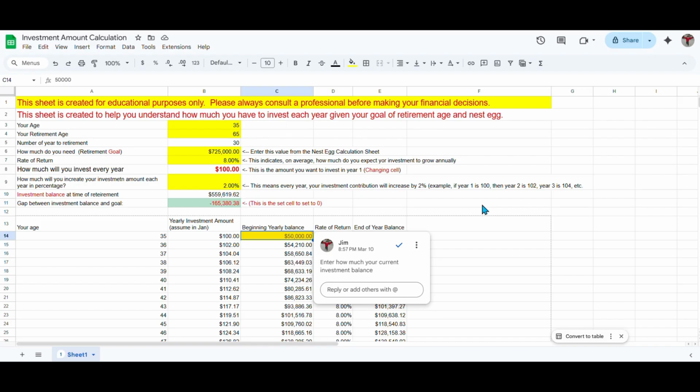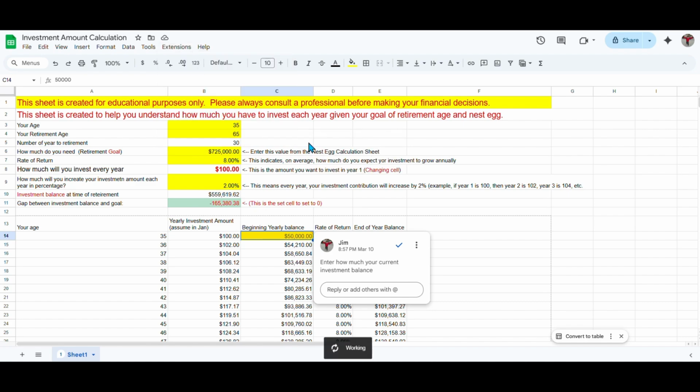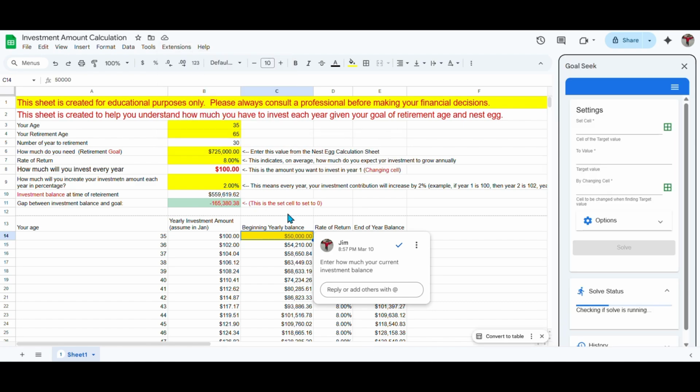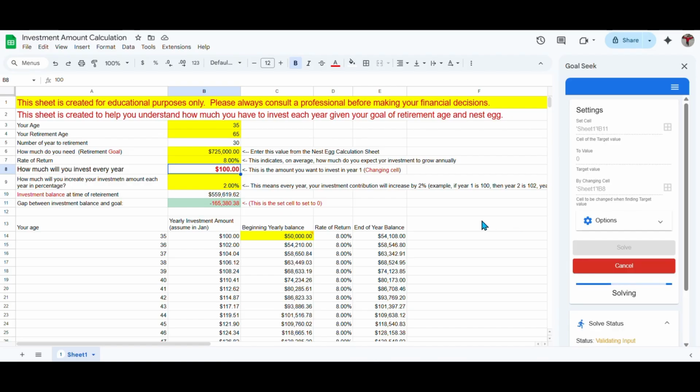Okay. So now that we have this spreadsheet set up, I can again call out the Goal Seeker, and this time I'm going to ask for this cell that I want to set to 0 by modifying this contribution here. And now we are going to solve for the answer.